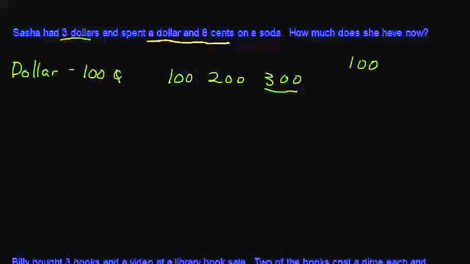Well, she had a dollar, which is 100 cents, and 8 cents. So 108 cents. Now, since she spent it, we're taking away. So our math problem here is going to be 300 that she started with minus 108.